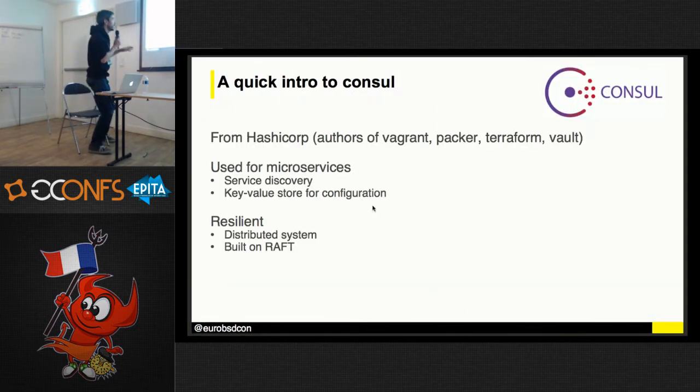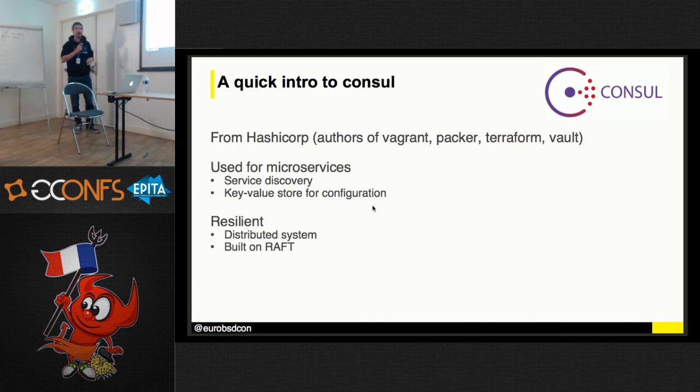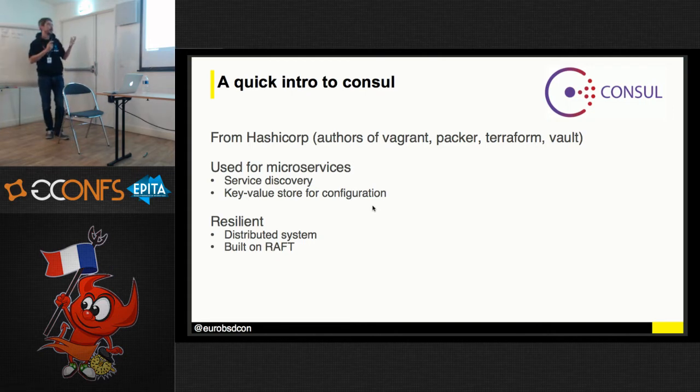What's important with Consul is it's used a lot in microservices because it allows service discovery. So basically, machines or containers can register themselves as providing a service, and then you can use Consul as a DNS to connect to these machines. It also provides a key value store, so you can store configuration, and you can have your application get that data from Consul.